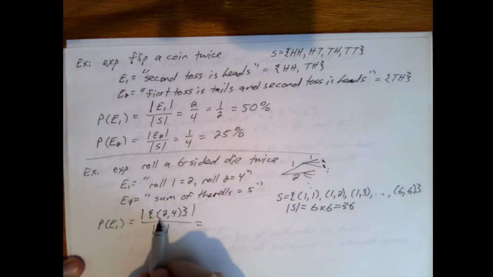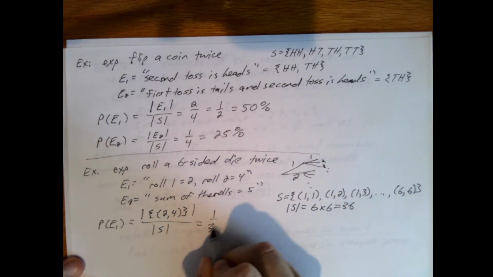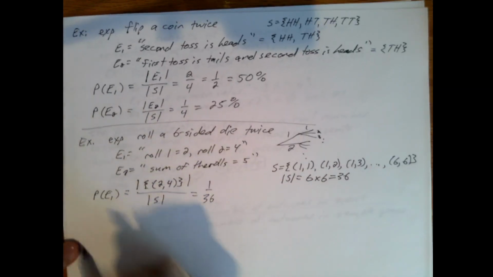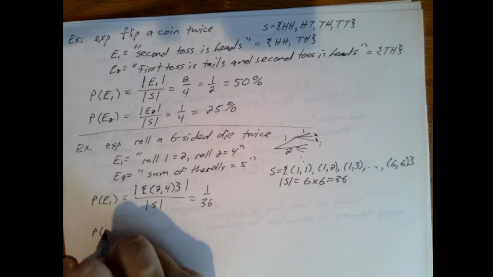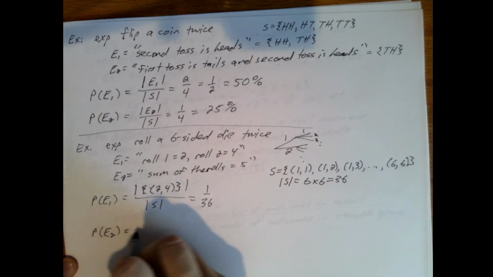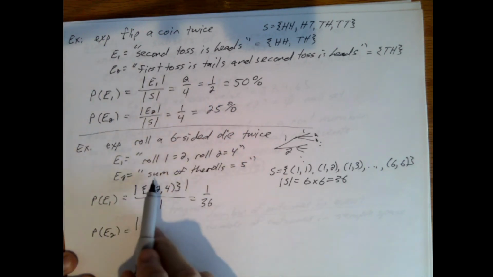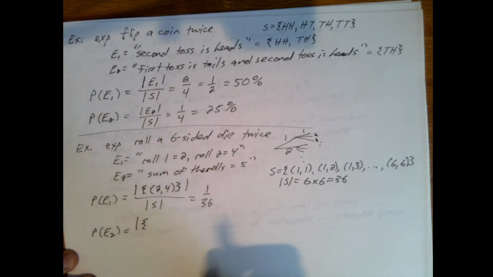So there's only one thing in this set, so it's 1/36. That's our probability of getting this. But what about the probability of event 2? What is the set that corresponds to this event? Sum of the rolls is 5.